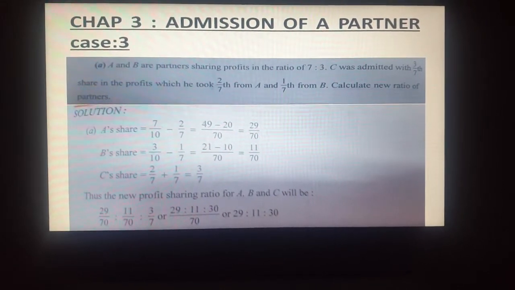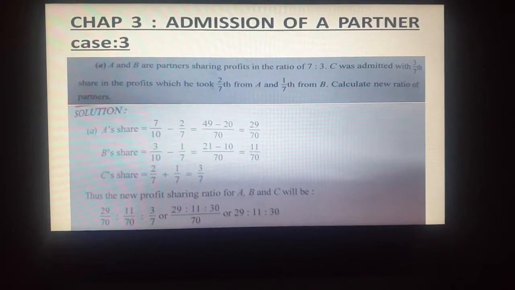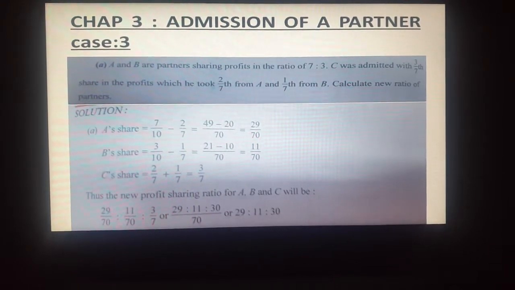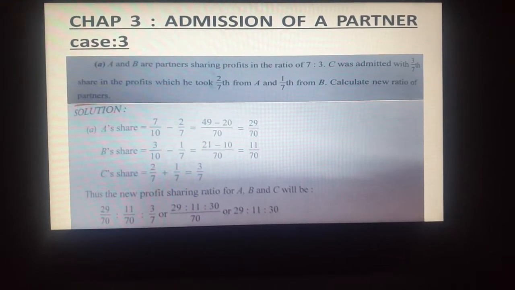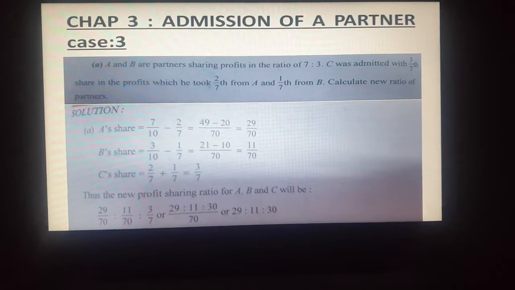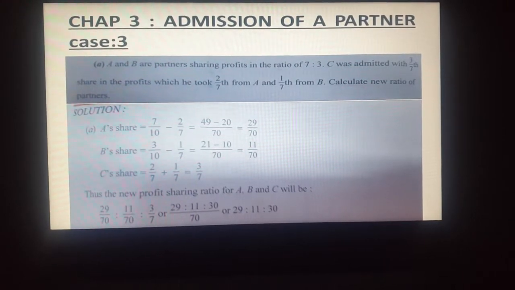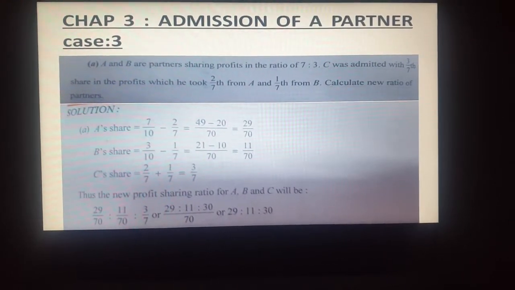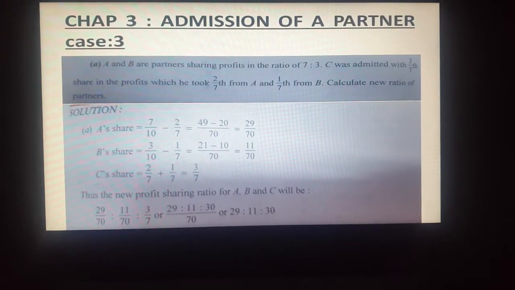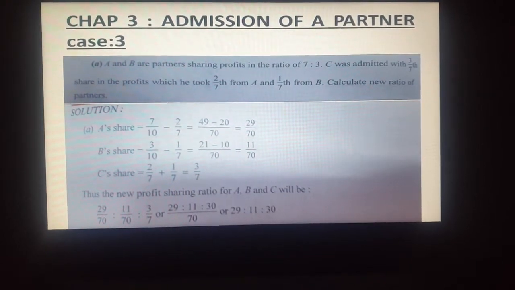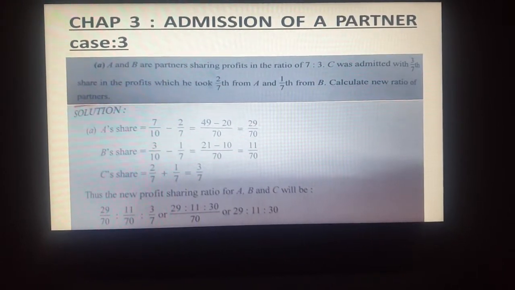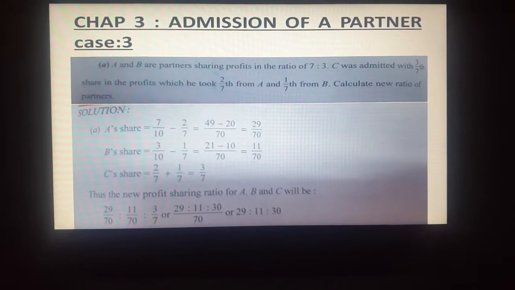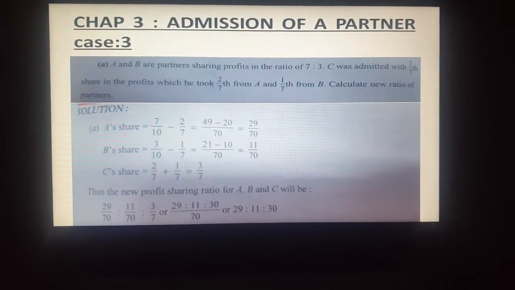B's share is 3/10 and B's sacrifice is 1/7. This formula is not applicable to C because C is the new partner, so you directly mention C's share, that is 3/7. Applying old minus sacrifice for A and B, the new ratio of A and B is 29/70 and 11/70, and for C it is 3/7.